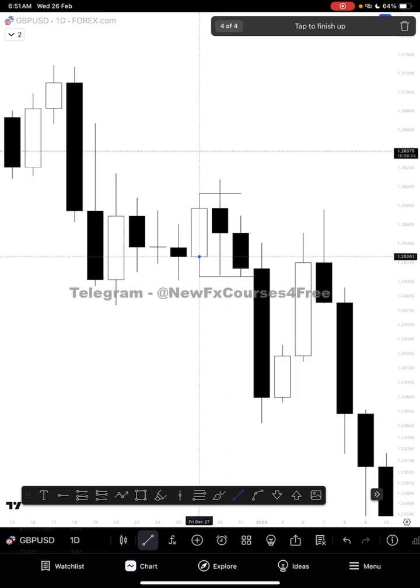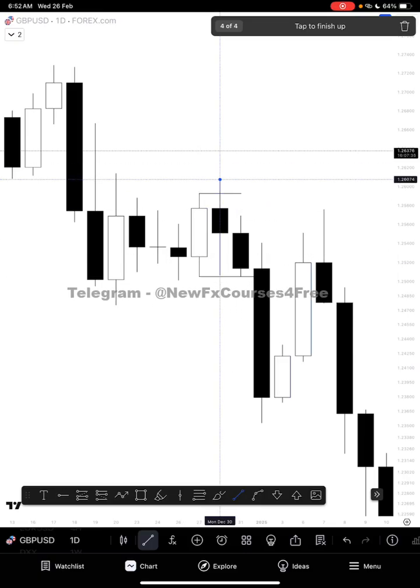Why I don't actually trade Monday and Friday? Because basically, sometimes Monday will range, then Tuesday will take Monday's low, then expand towards Wednesday. And sometimes Friday will range, then Monday will take Friday's high or low, then Tuesday we expand towards the opposite side of liquidity. So here, this was Friday, and this was actually Monday.